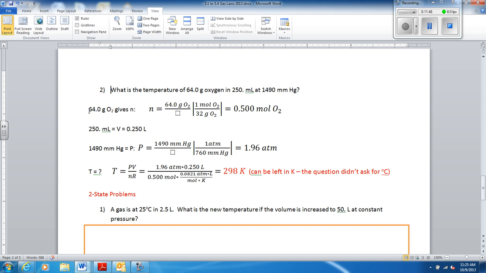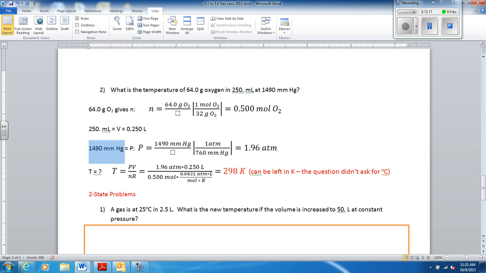Okay, so our grams of oxygen, we solve for moles, because we're going to use PV equals nRT. Our volume, well, why did I convert to liters? Can you figure out why? Right here, the gas constant, the volume unit is in liters, so I have to make sure that my volume in the ideal gas law is in liters.